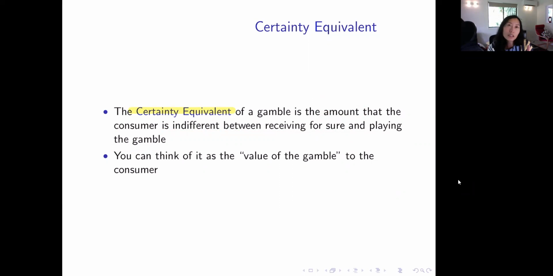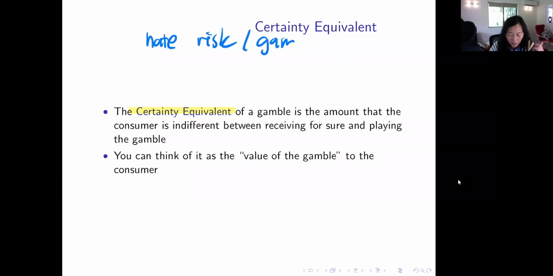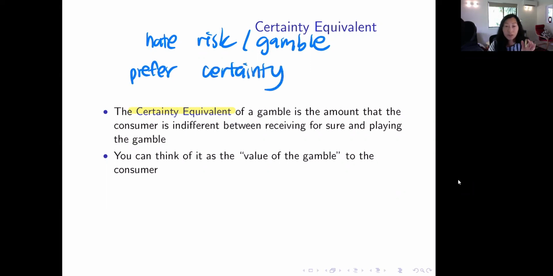Because you know that the risk averse hate risk, they hate gambles. They prefer the certainty, the sure money, right?